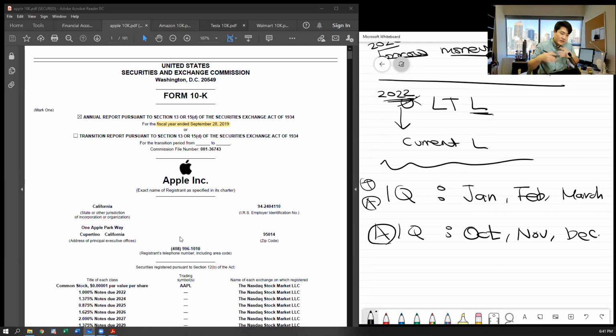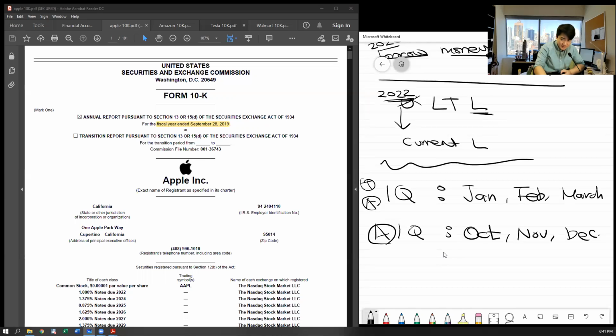So whenever you read analyst reports or newspapers that talk about the first quarter of a company, you sometimes have to be careful. Are we talking about January, February, March, or are we talking about October, November, December? Because depending on when the company elects the end of the fiscal year, the months they're referring to will be quite different.